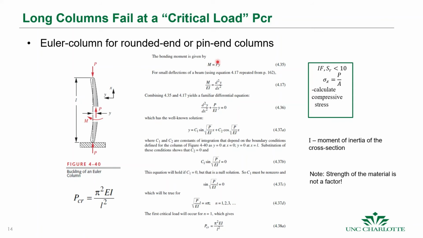What happens is when this is true at some deflection y, when it equals this bending moment, then this bending moment causes it to increase its deflection. So it's almost like a positive feedback, which makes the system unstable. That's why we have to find that P that is equal to that, and it comes from solving for this deflection here, where this is true.